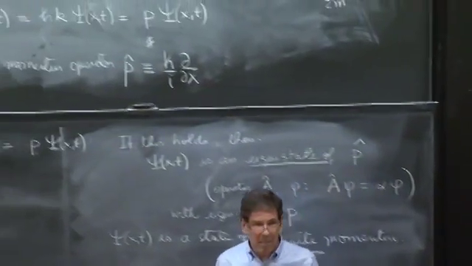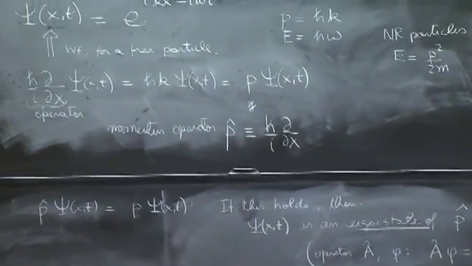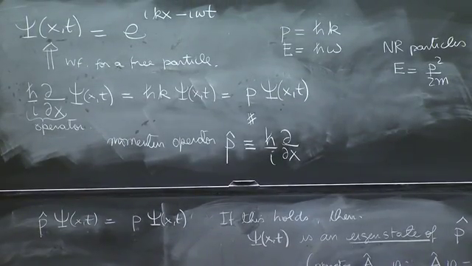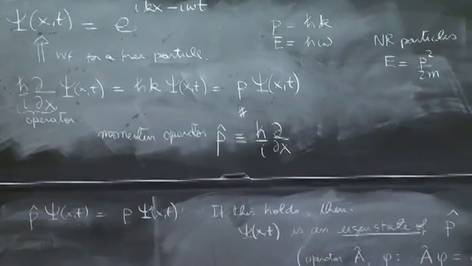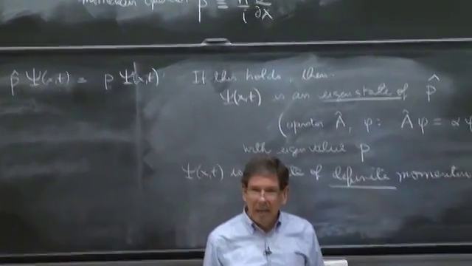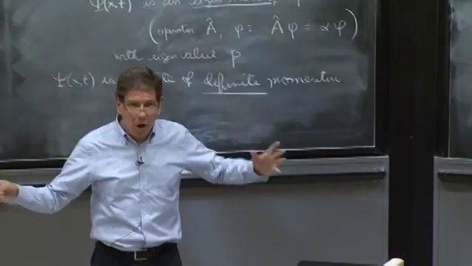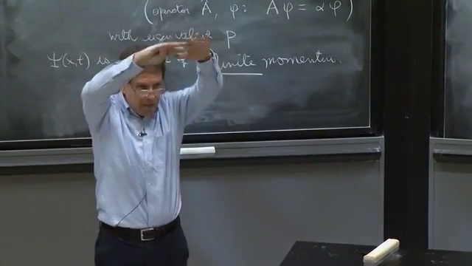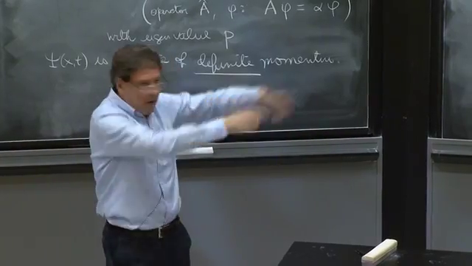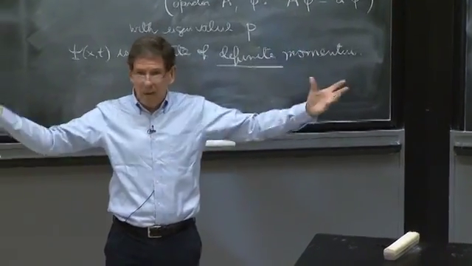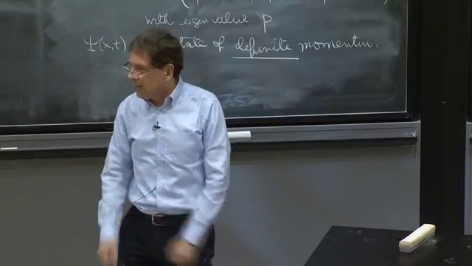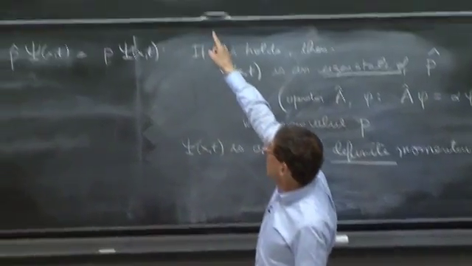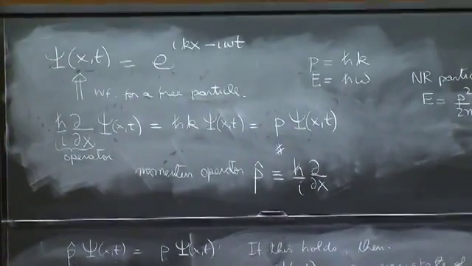But linearity means that you can compose those plane waves and add them. And if you can add plane waves, by Fourier theorem, you can create pretty much all the things you want. And if you have this equation, you know how to evolve a free particle. So now you can construct a wave packet of a particle and evolve it with the Schrodinger equation and see how the wave packet moves and does things. All that is now possible, which was not possible by just saying, oh, here is a matter wave.